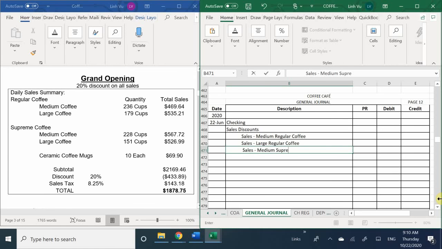Sales dash, oh, sorry. No, no, don't worry. Just go ahead. You can say it. Sales dash large supreme coffee. And then sales dash ceramic coffee mugs. And sales tax payable. Good.